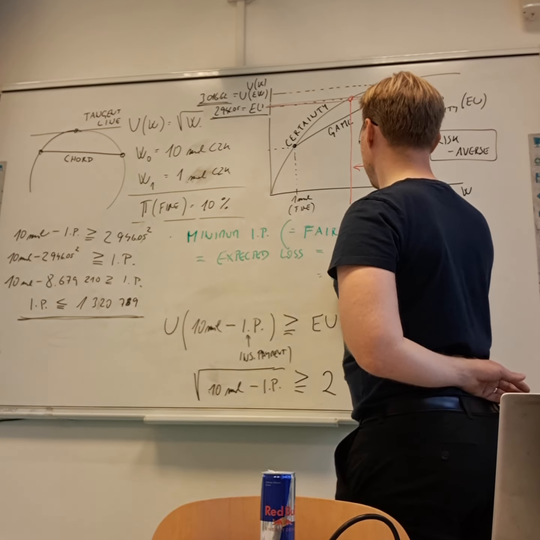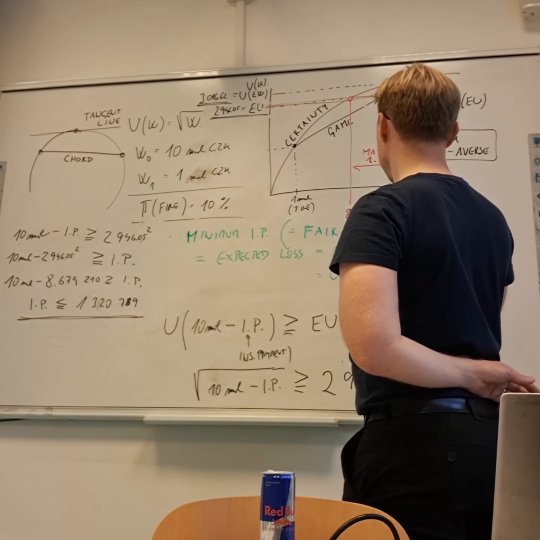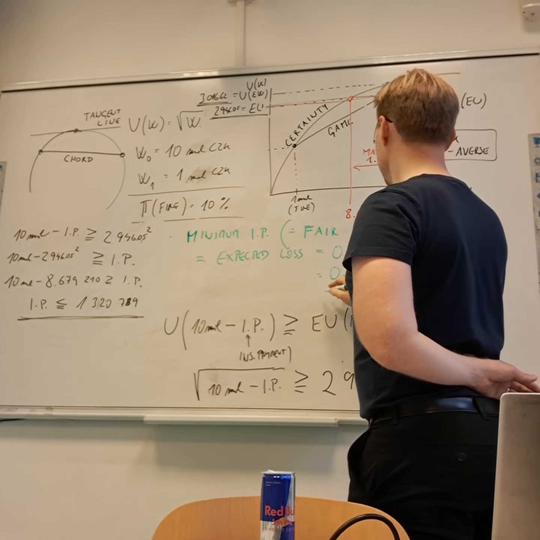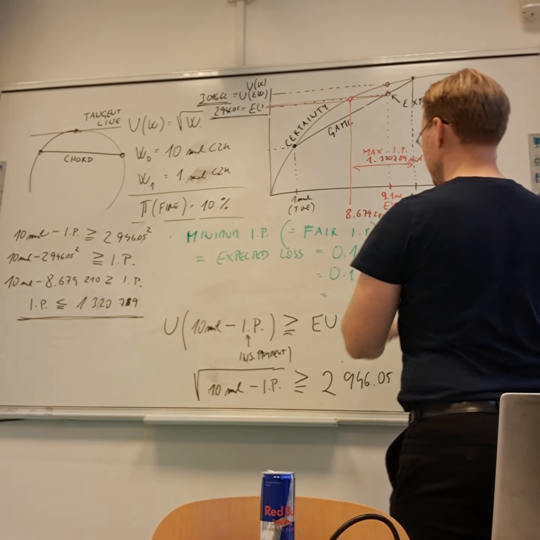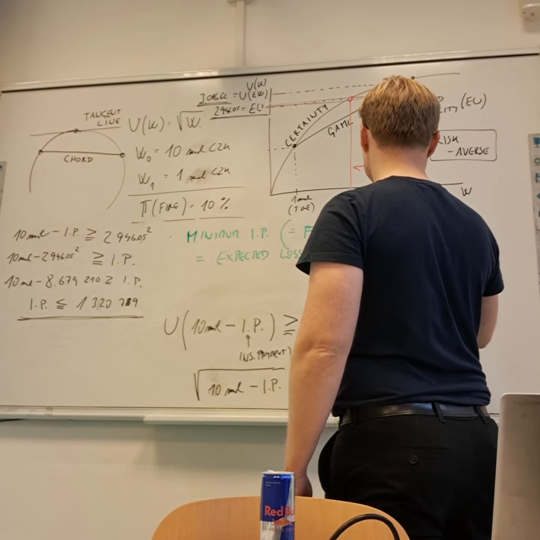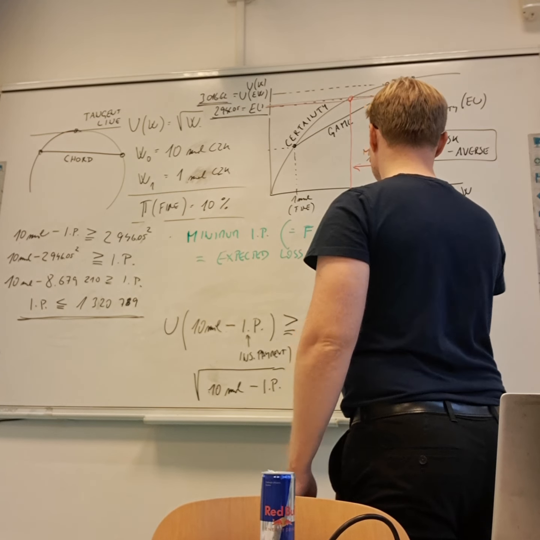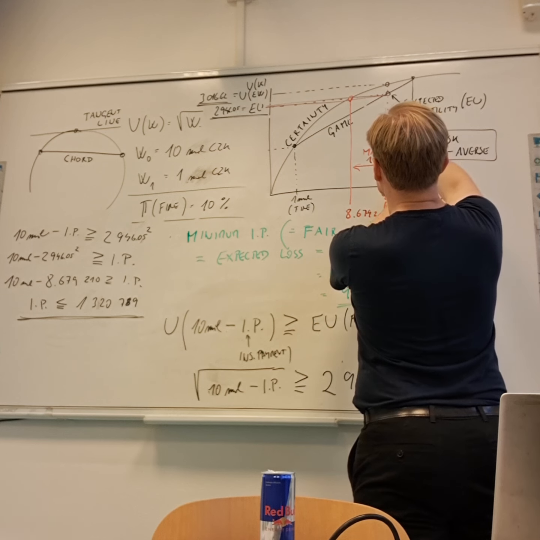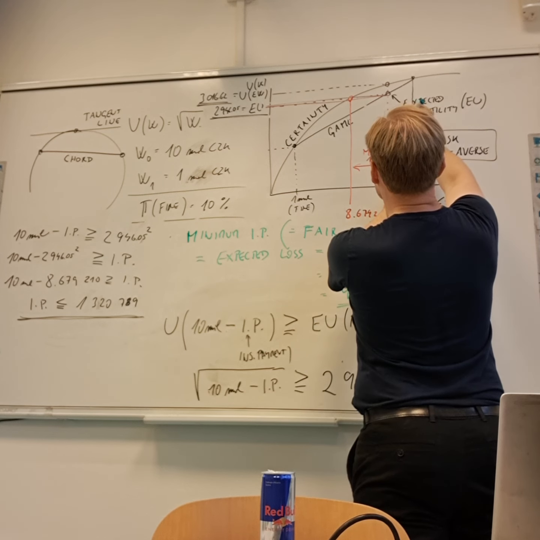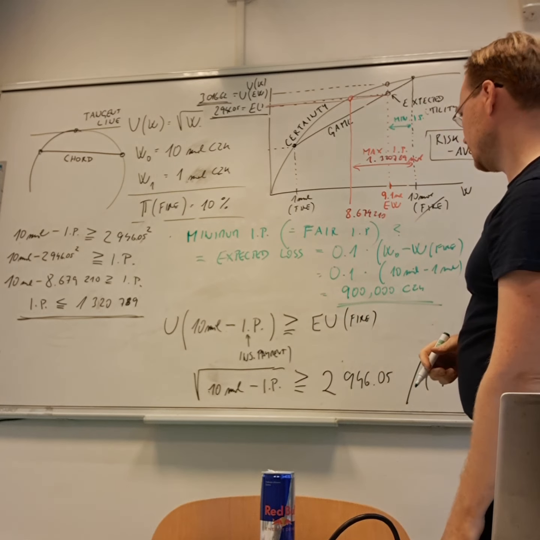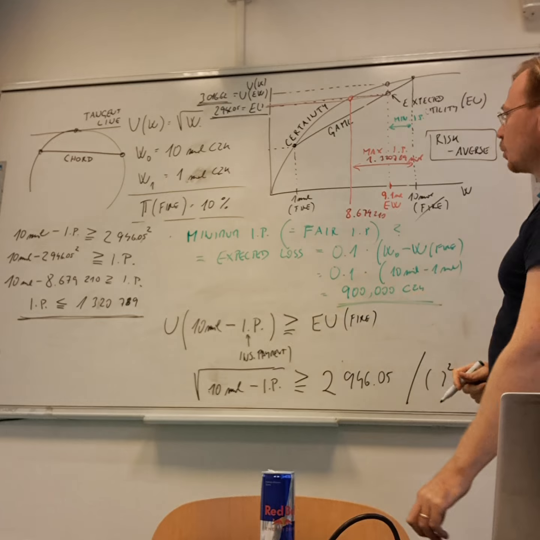It means it must be 0.1 times 10 million minus 1 million, which is equal to 900,000 crowns, which is exactly this section. Minimum. The 0.1 in this equation is the probability of fire, right? Probability of fire, exactly. Yeah, it's the probability of the loss.